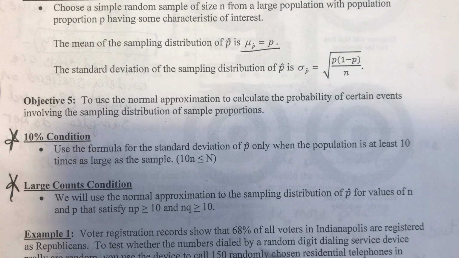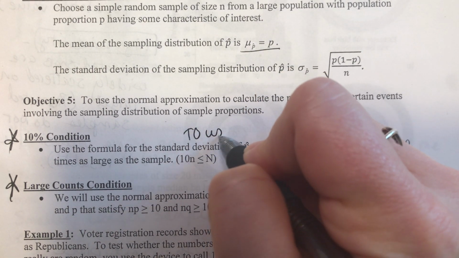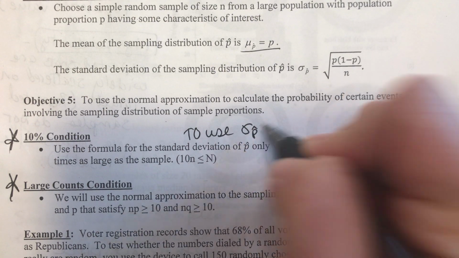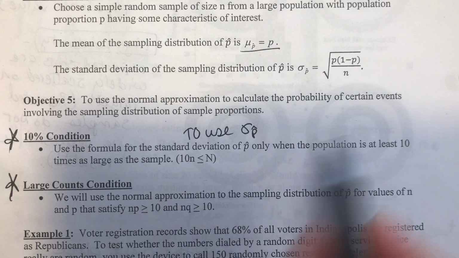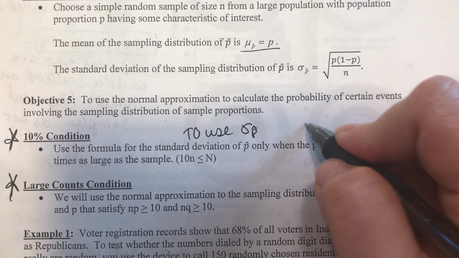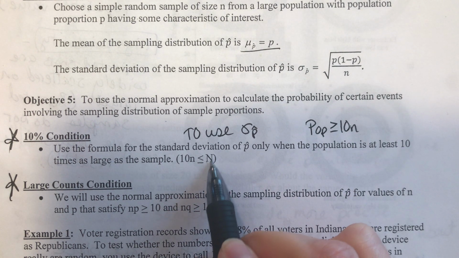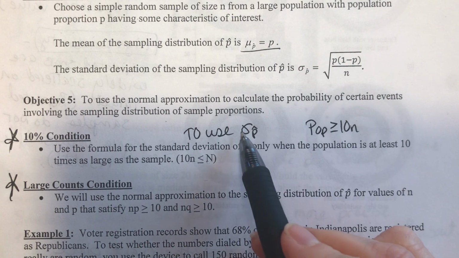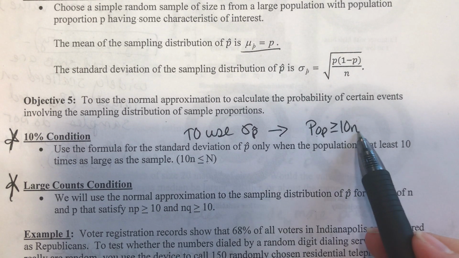In order to use sigma sub P hat, in order to use this formula, you have to check the 10% condition. We need to make sure the population is at least 10 times your sample size. Remember, capital N represents population size.